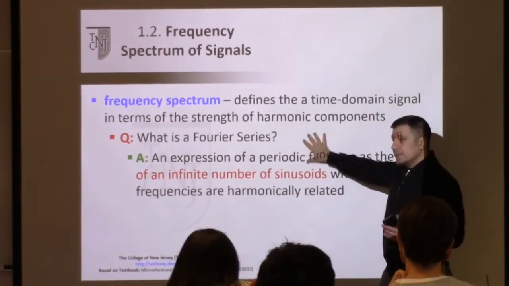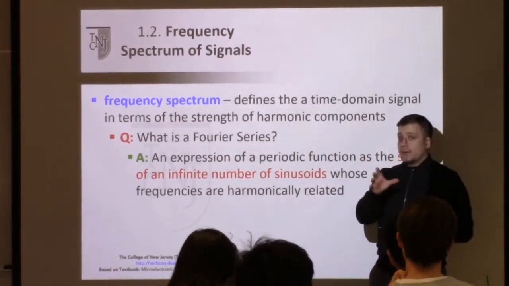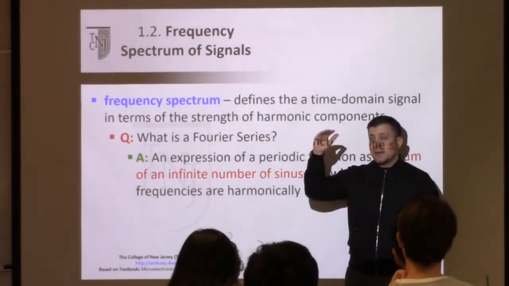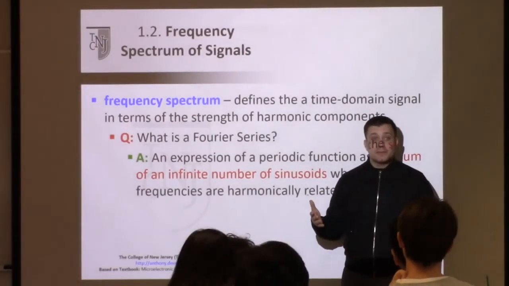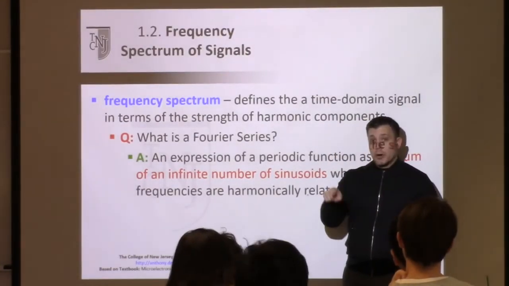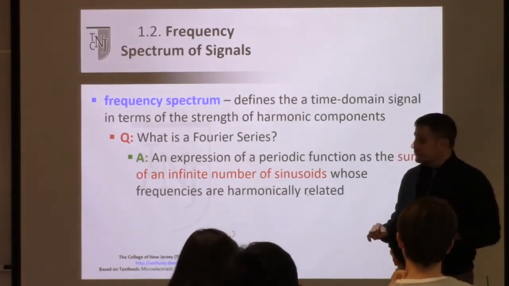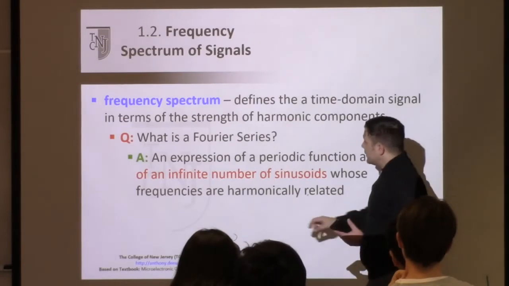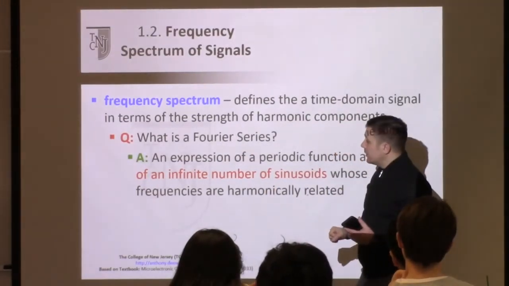I can represent it as a sum of a whole bunch of sine waves of different frequencies and of different amplitudes. It may take a lot of sine waves added together in order to get those really sharp curves or really sharp angles, but we can do it. So for that we use what's called a Fourier series decomposition.